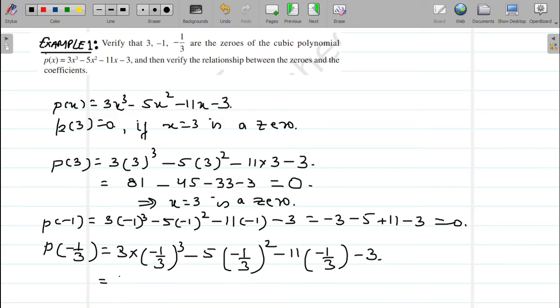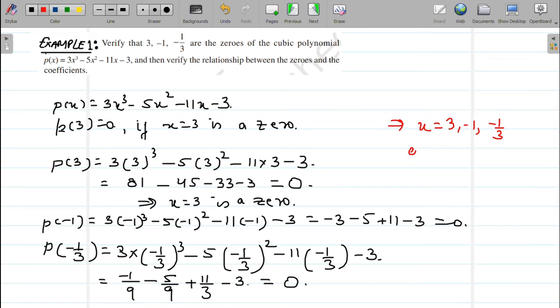So this will give me minus 1 by 9 minus 5 by 9 plus 11 by 3 minus 3, and we can take the LCM here and solve it, and ultimately this will give me a 0 again. So this implies that x equal to 3, minus 1 and minus 1 by 3 are the zeros of the given polynomial p(x).